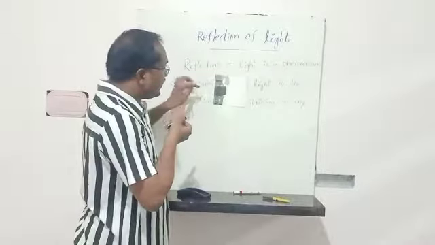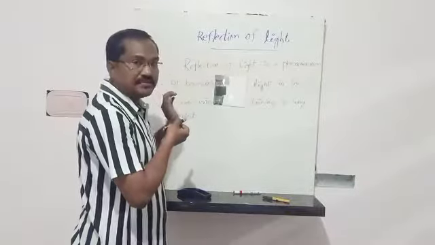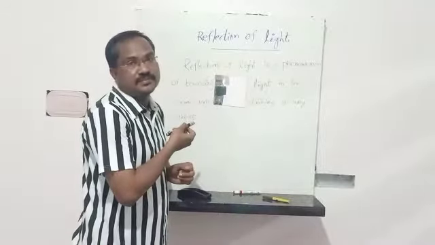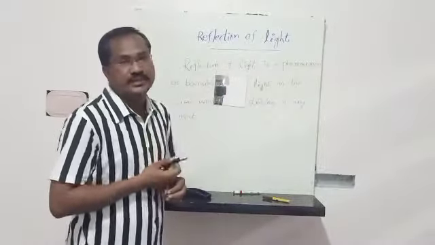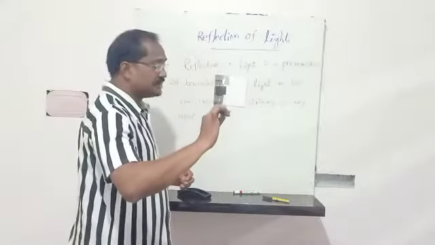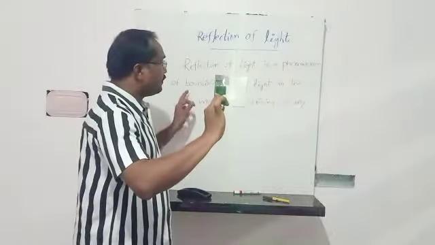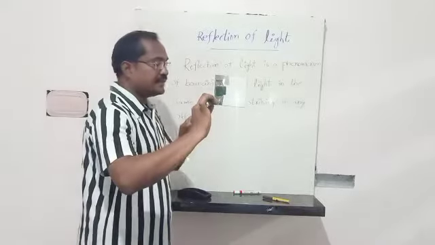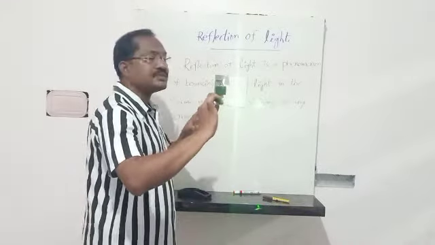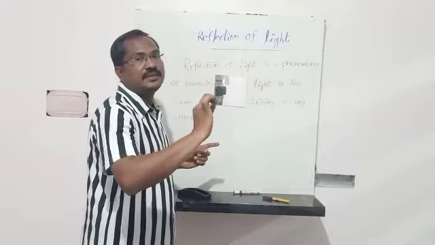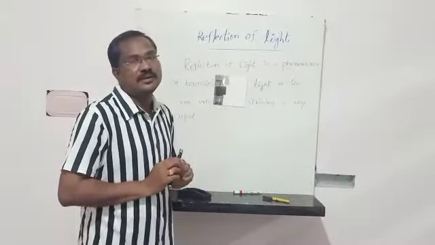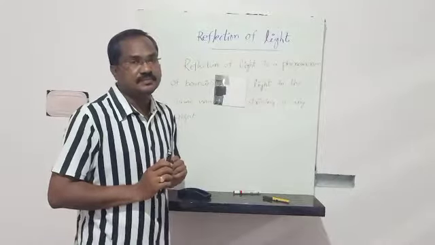Then the point where the ray falls on the surface of the mirror is called the incidence point. If I send a light ray perpendicular to the surface, this perpendicular ray is called the normal. The angle of the normal means 90 degrees. Right.